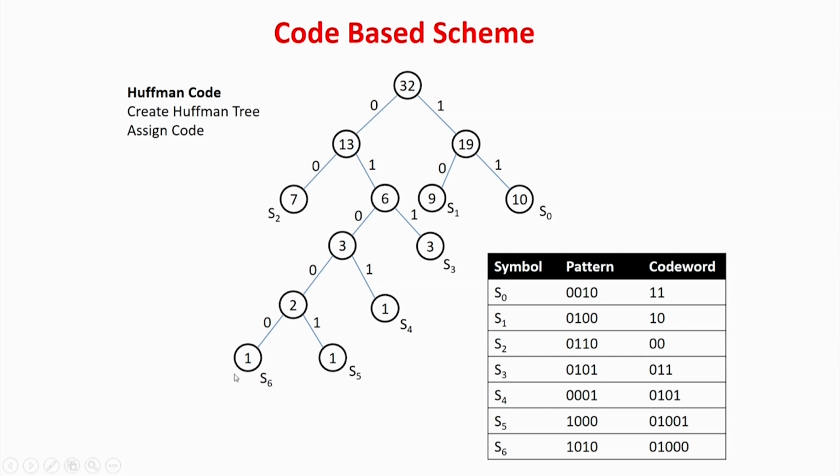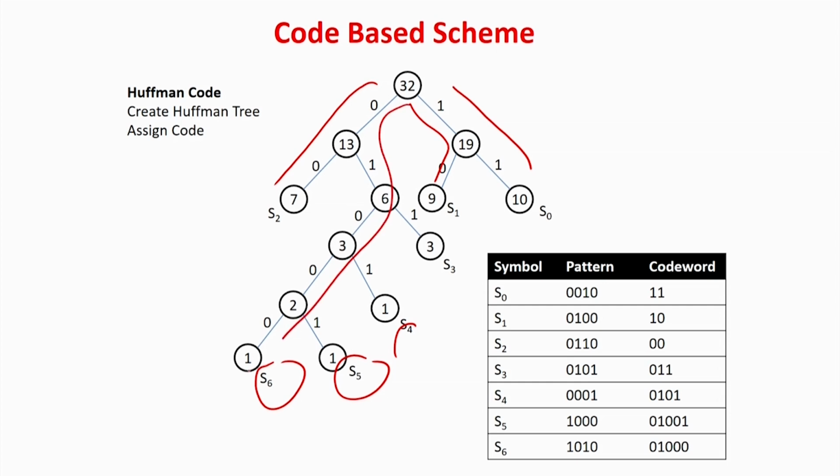So you can find that whatever has higher frequency, like S0, S1, will be towards the root node, and whatever has lower frequency, like S6, S5, will come to the lower levels of the tree. The encoding of S0 is 1, 1, the encoding of S1 is 1, 0, S2 is 0, 0. So lower frequency will be down the line, so basically your bit width of the encoding will be larger. Symbols having higher frequencies will be towards the root, so the length will be less.